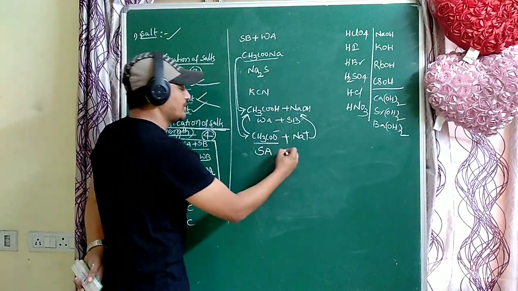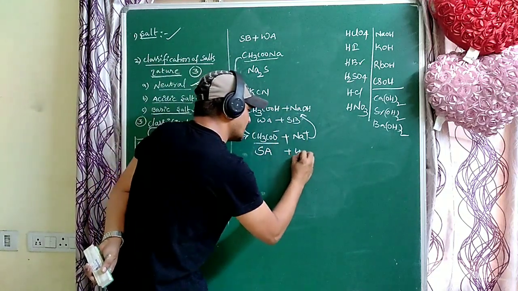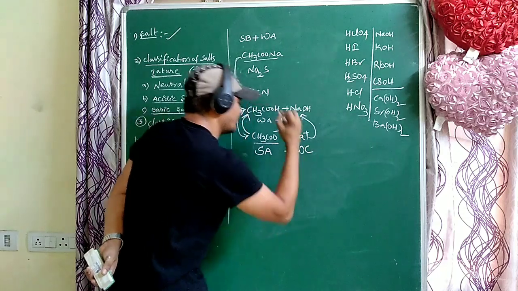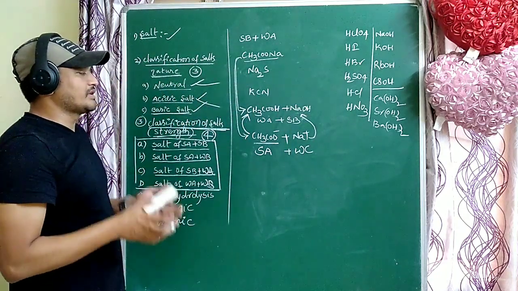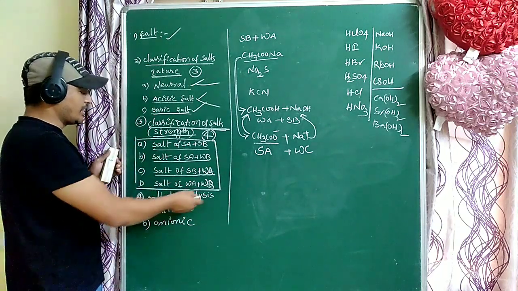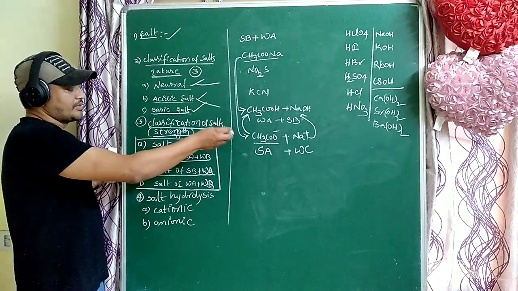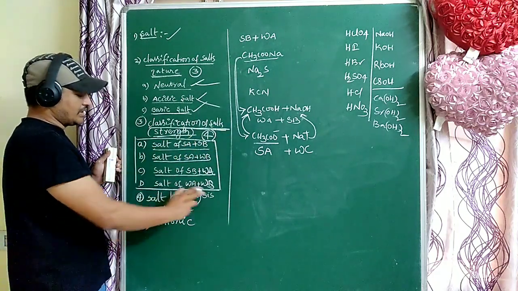The cation came from strong base, that's why this is the weak cation. Which are strong anions and which are weak anions is very very important in salt hydrolysis. That concept is required for the explanation of salt hydrolysis.